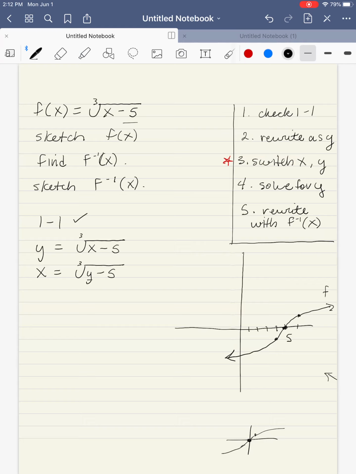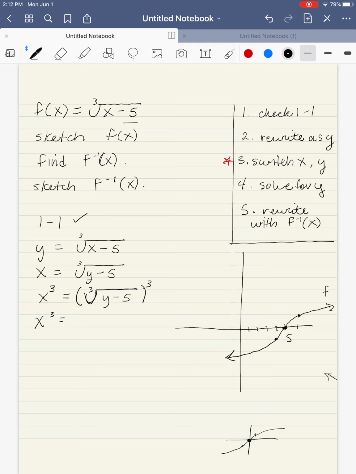And now I solve for this y. So I have to think about my order of operations here. If I'm isolating the y and I have all of this under a cube root, the first thing I need to do is cube both sides. And I'm going to write that as a separate step here so you can see what happens. So I have x equals the cube root of y minus 5. To get rid of this cube root, I have to cube all of that.